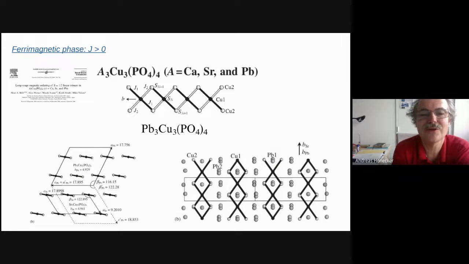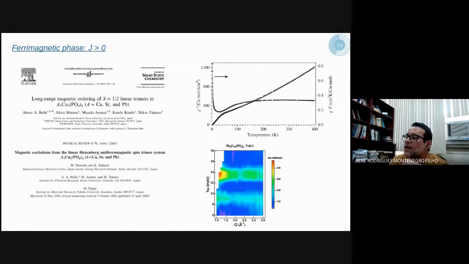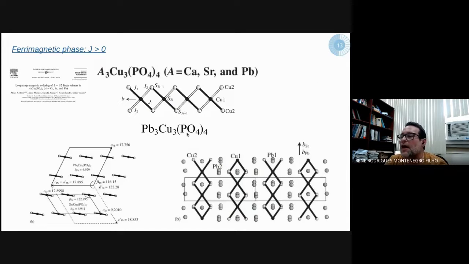In fact, to investigate the model in this neutron scattering experiment, they have included a coupling between these two spins.